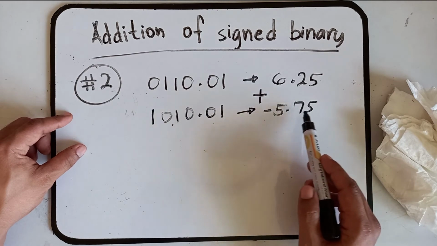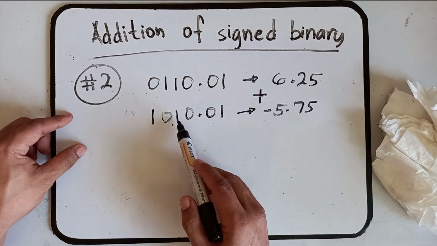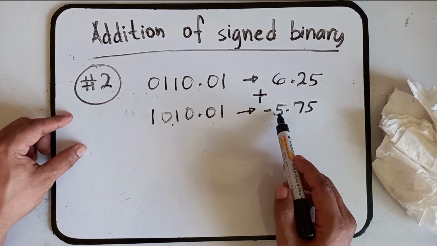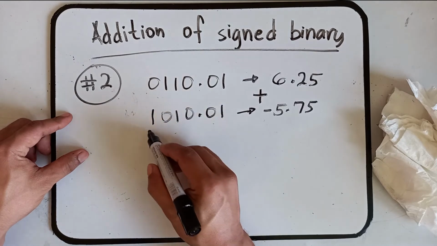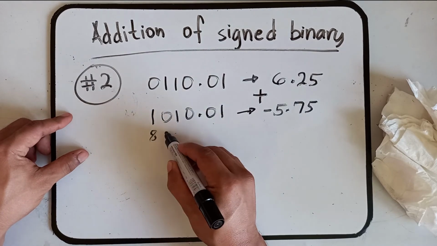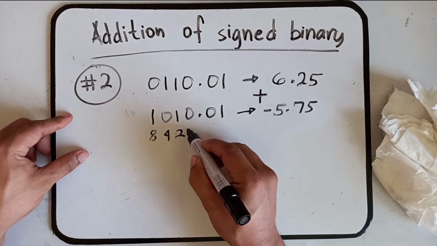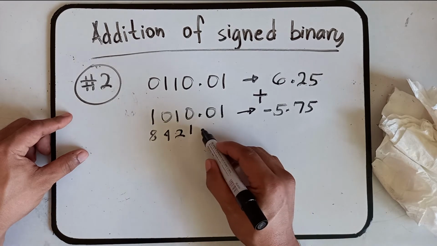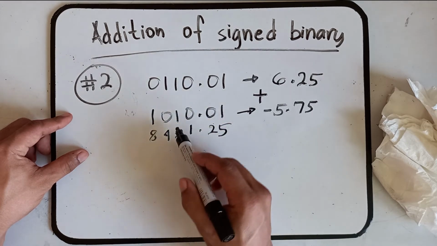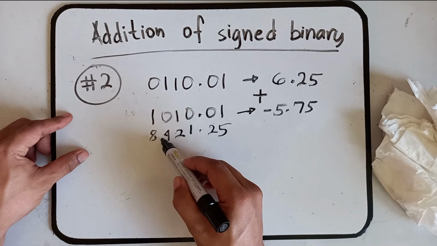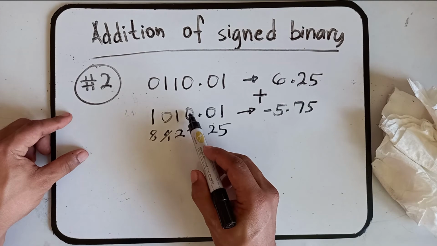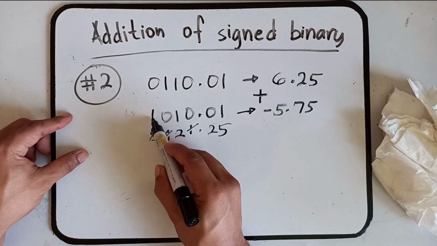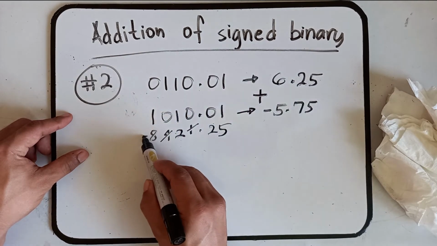How is it that we were able to know that 1010.01 is negative 5.75? Because what we did here is we subtracted this with 8, 4, 2, 1, and this is 0.25. So we canceled out those with zeros, just like the number 4, it has a 0 bit, and the number 1, it has also a 0 bit. Then, since this is the sign bit, it means that our 8 here is negative 8.